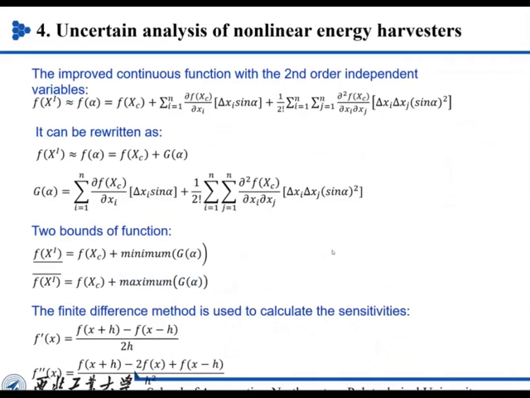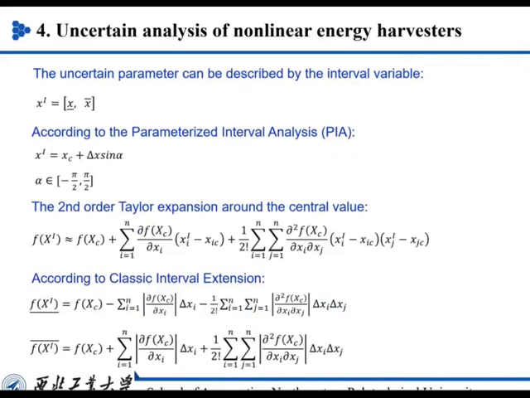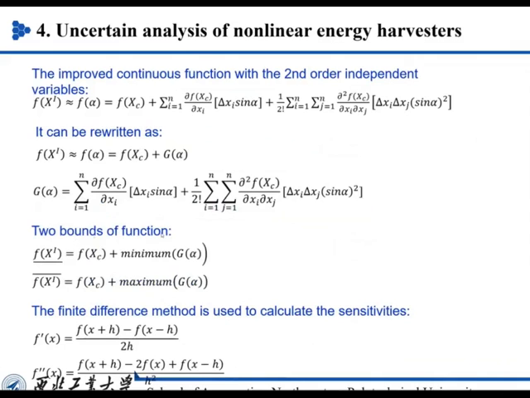This is the process of making the boundaries of the function.